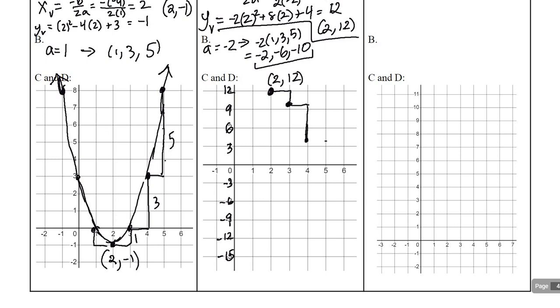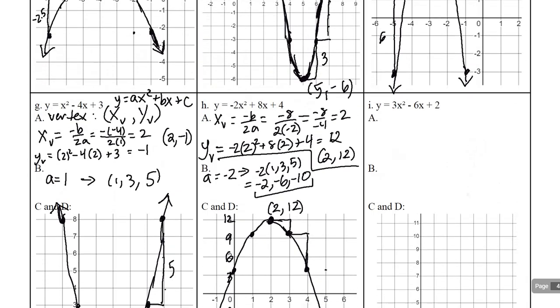Then I go over 1 and down 10, which will take me to here. And then I use symmetry. And I connect my points with a smooth curve. There you go.